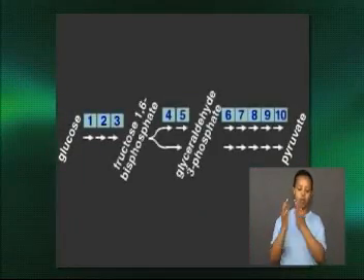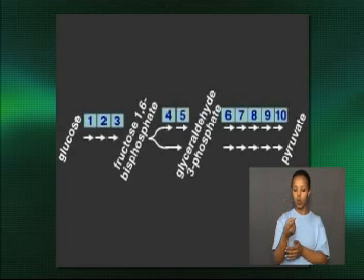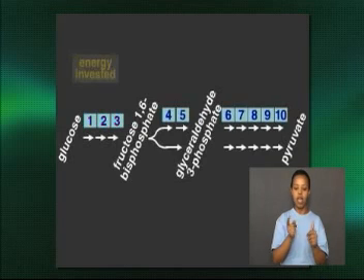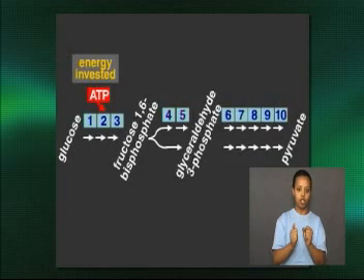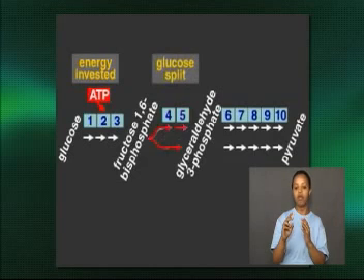There are 10 steps in the process of glycolysis. In the first 3 steps, ATP is invested in the glucose molecules. This ATP will be recovered later in the 4th and 5th steps.